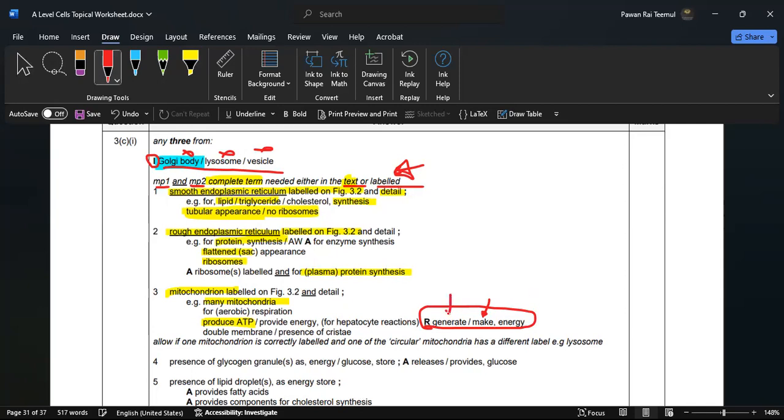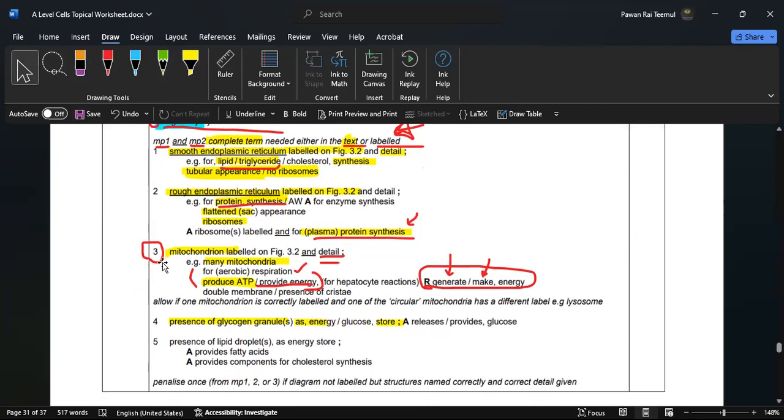Okay, I'll keep that in mind. I included this and got my mark here. I forgot the detail, but I used the word protein synthesis. A presence of glycogen granules as an energy store, essentially that.